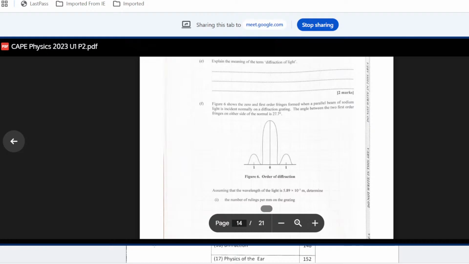I have 2.46 times 10 to the negative 6. What was the equation you used, Carl? I multiplied n by the wavelength and divided by sine theta. Divided by what? Sine 27.7? Yeah.